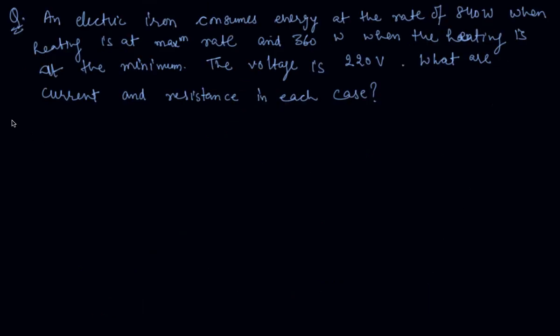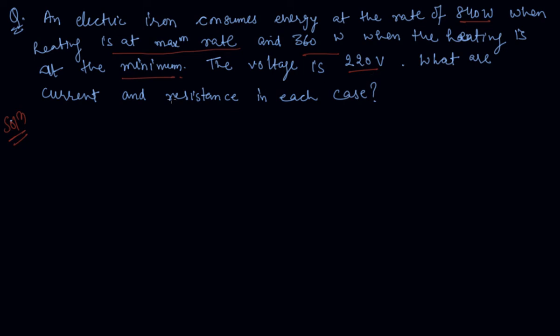Here is the question, which states that an electric iron consumes energy at the rate of 840 watt when heating is at the maximum rate, and 360 watt when the heating is at the minimum rate. The voltage is 220 volt.